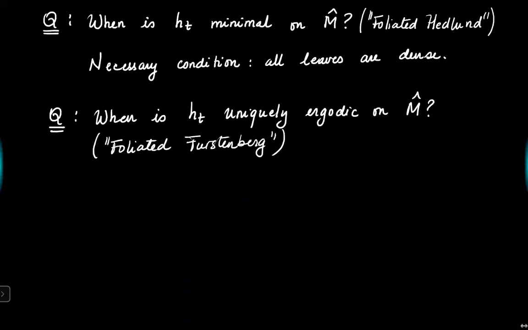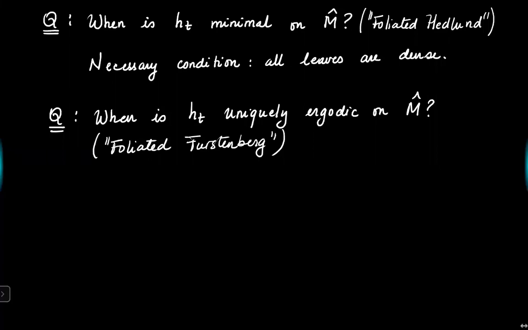So the two questions we will be addressing are the following. When is the foliated horocycle flow a minimal flow on the manifold M hat? So this would be a foliated version of Hedlund's question or theorem.